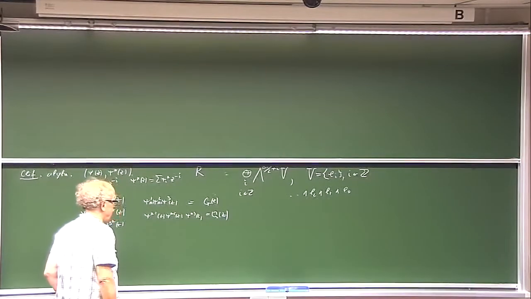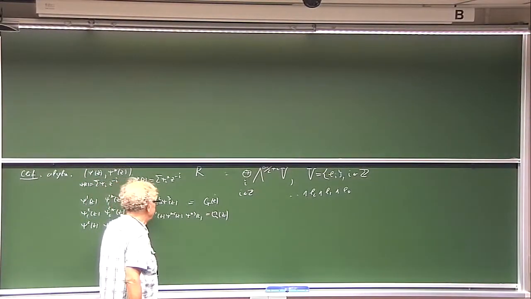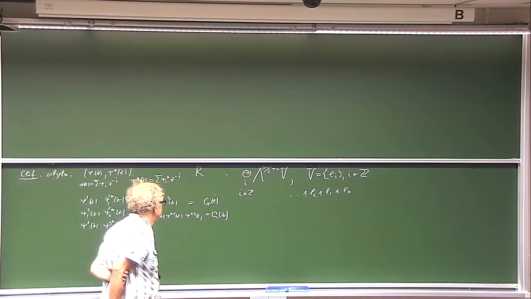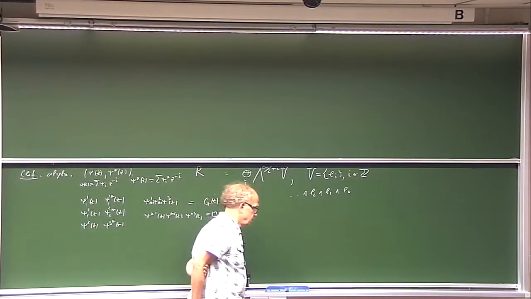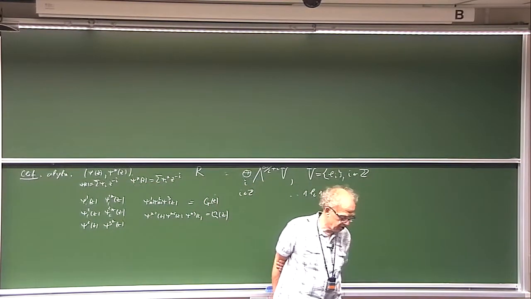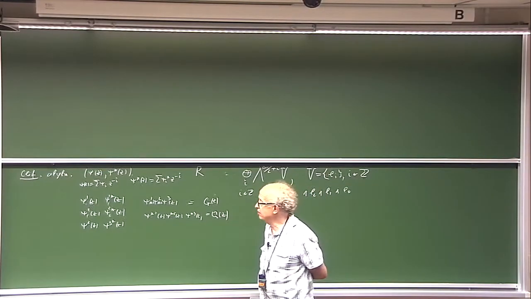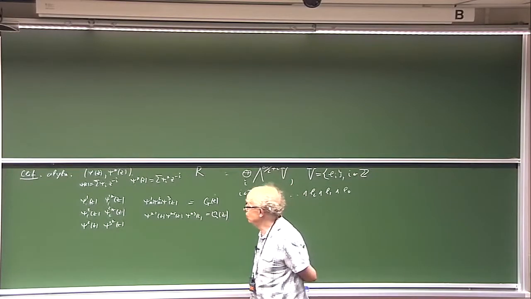I claim that in this case we can consider the algebra generated by this and this. I said that this is a rather famous and popular example because this is the N=2 algebra. And we can do more than that.